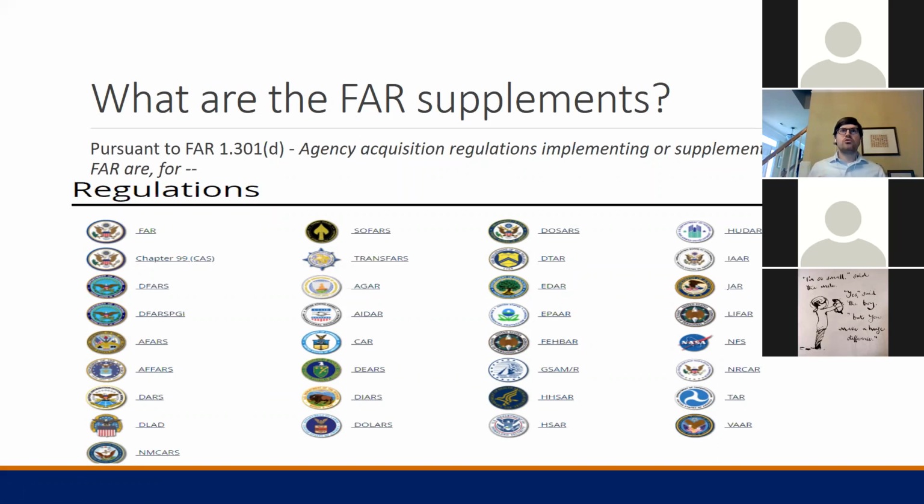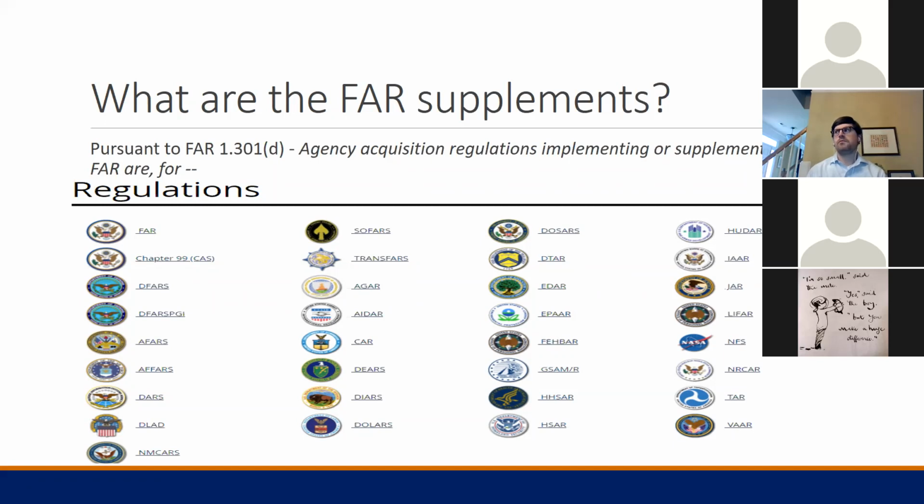In addition to the FAR itself, you can think of the FAR as the baseline ground rules for procurement, and then each agency is permitted to have its own agency-specific supplements that put their specific spin on the FAR and allow any nuances that agency requires to implement regulations on the types of goods and services that they procure.